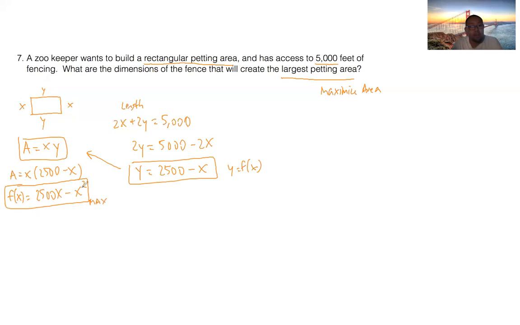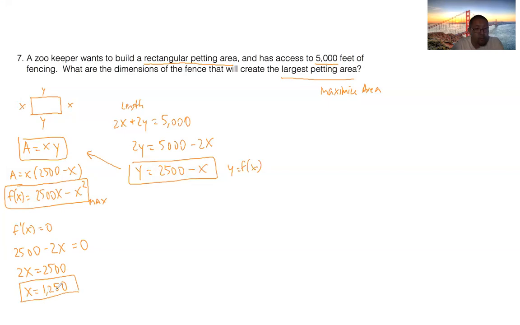And so to maximize this, we're going to find the derivative, f prime x, and set it to 0. So the derivative of the right-hand side of this is going to be 2,500 minus 2x is equal to 0. Solve for x. So move 2x to the other side, you get 2x is equal to 2,500, divided by 2. X is going to be 1,250, okay?